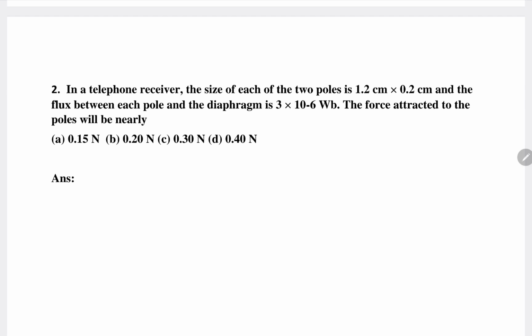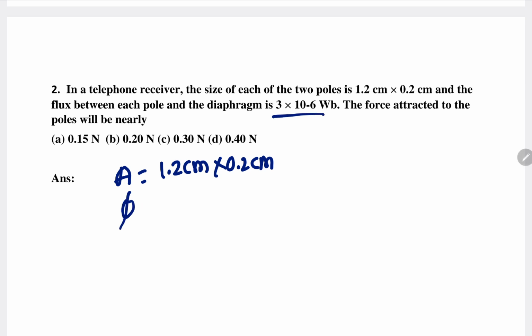Next, in a telephone receiver, the size of each of the two poles is 1.2 centimeters into 0.2 centimeters. That means area is given. And the flux between each pole and the diaphragm is 3 into 10 to the power of minus 6 Weber.